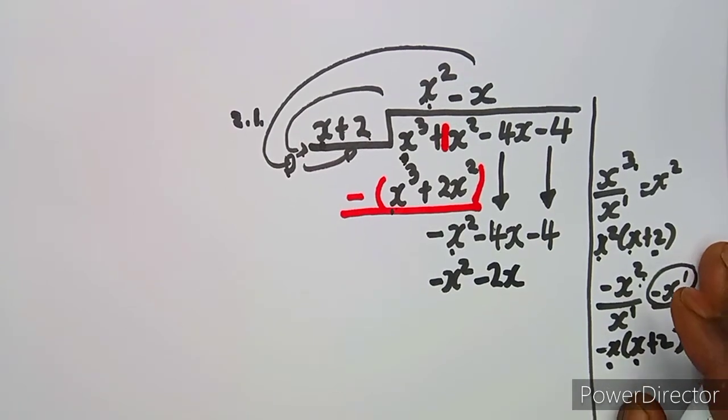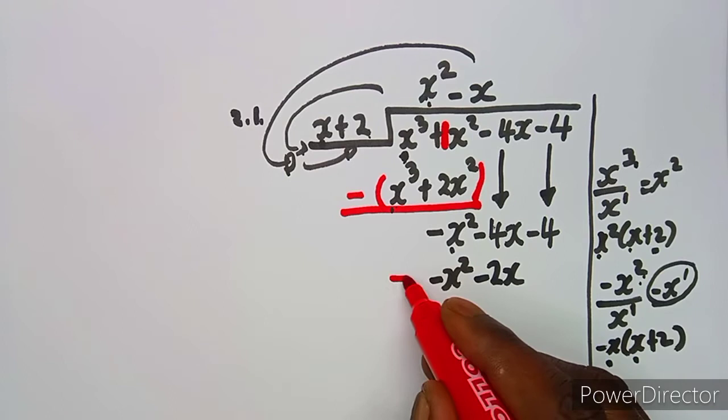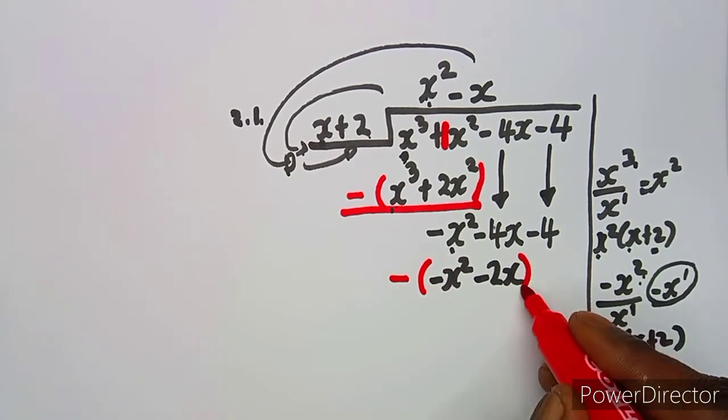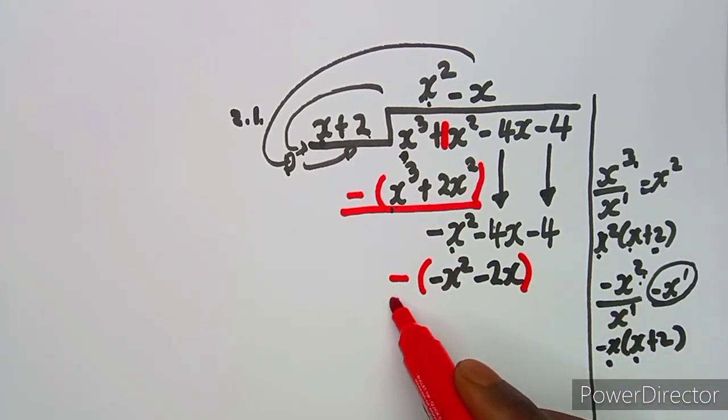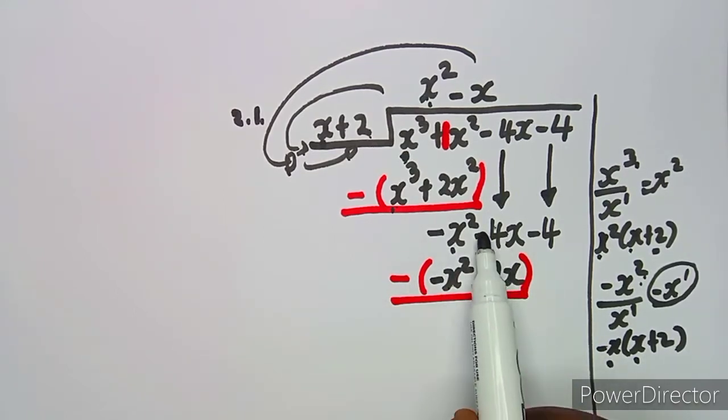All right, then we subtract again, just like what we had previously. After you multiply back, you subtract. As we can see, these two are the same, so once you subtract, you're going to obtain a 0 here. Then here it's minus 4 minus minus 2.